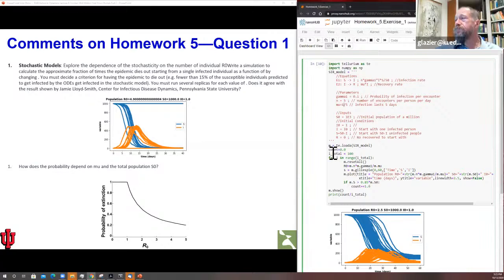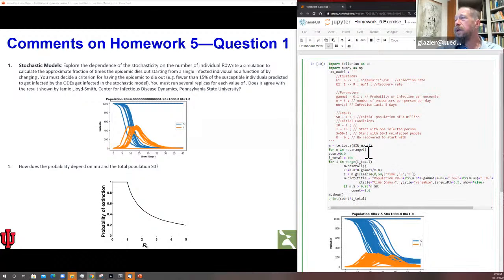So we'll put a loop in here for n in, I prefer using np.arange, but you can use range if you want. np.arange, and we want n to start out, let's see, 2.5 corresponds to n of 5. So R naught is half of n.